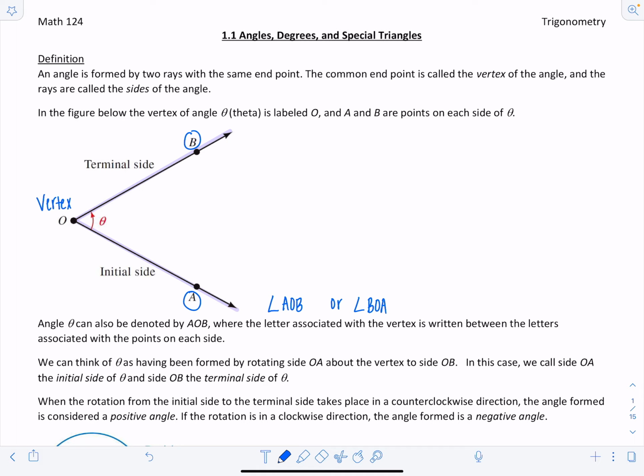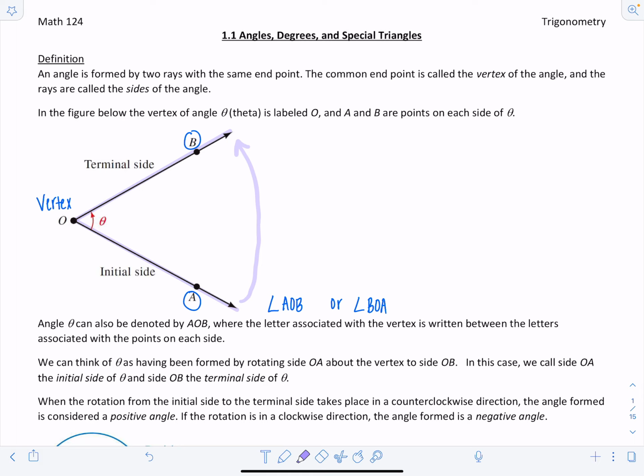We can also think of theta as having been formed by rotating the side OA about the vertex to the side OB. So you can think of rotating that side OA towards the side OB. And in this case, we would call OA the initial side of theta and OB the terminal side of theta.